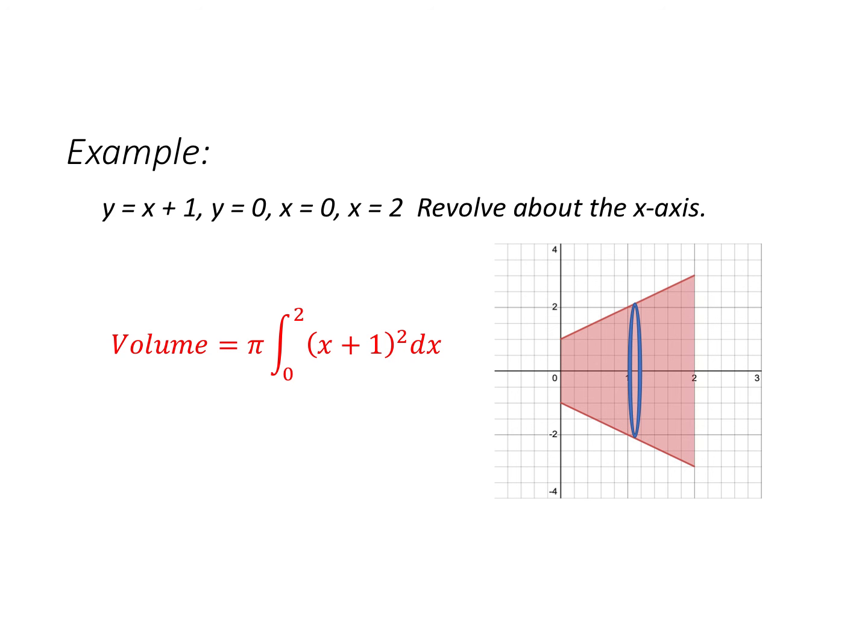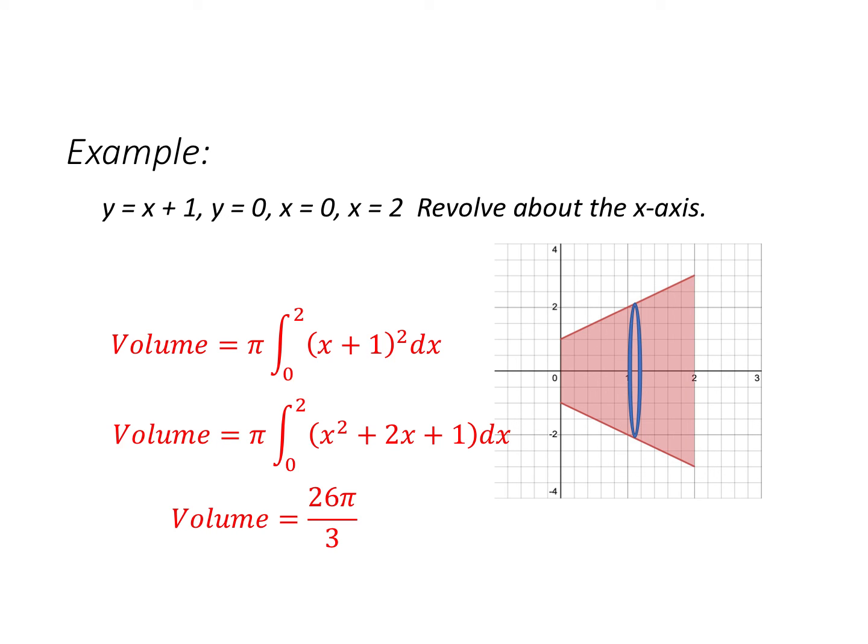Now we multiply x plus 1 quantity squared, which gives us x squared plus 2x plus 1. Take the integral of that from 0 to 2 and multiply it by pi. If you crank out the numbers, you come out with the volume of this particular solid equal to 26 pi over 3.